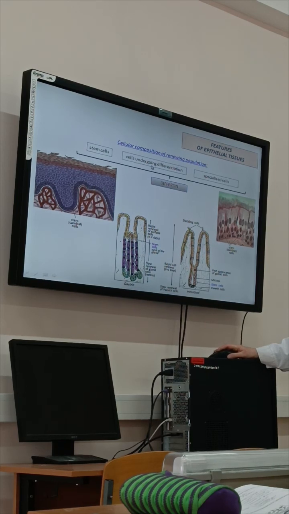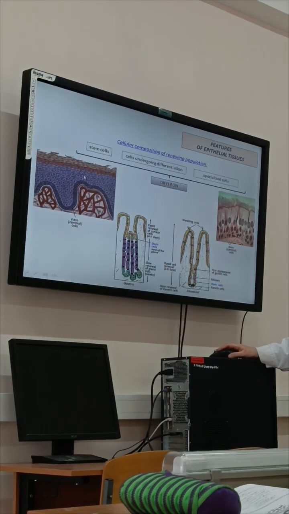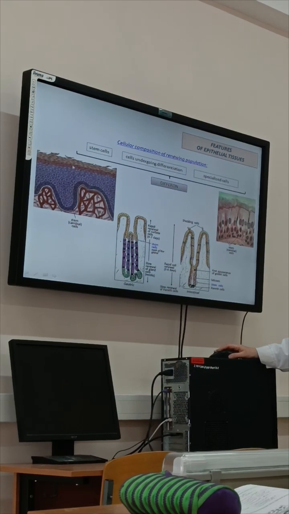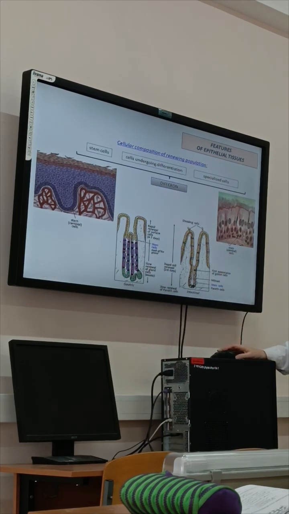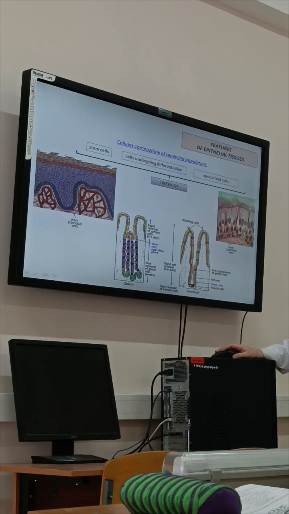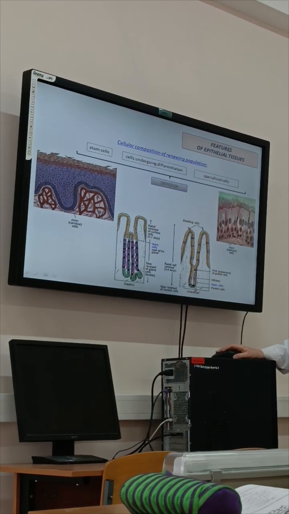After that, the cell undergoes differentiation and becomes a specialized cell, for example, here, upper. If we look at a simple layer of epithelium, this is the villi of the intestine, and villi of the intestine and crypts. Stem cells or cambial elements will be at the bottom of the crypts.